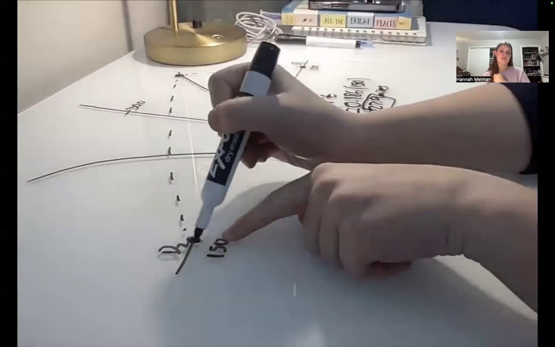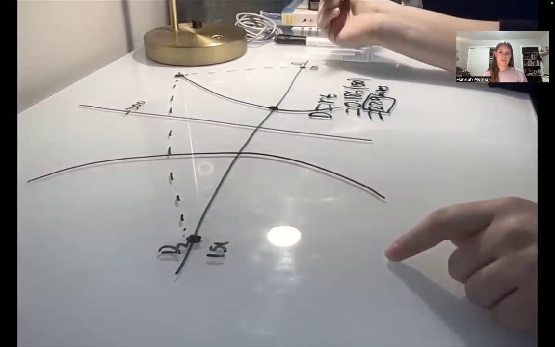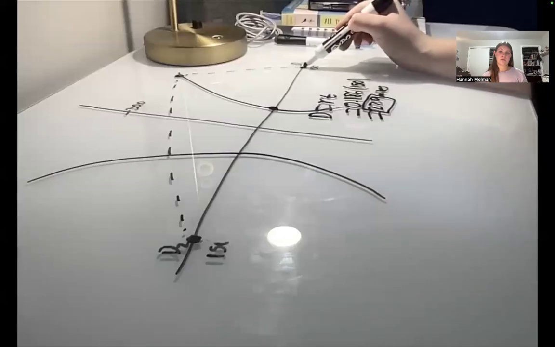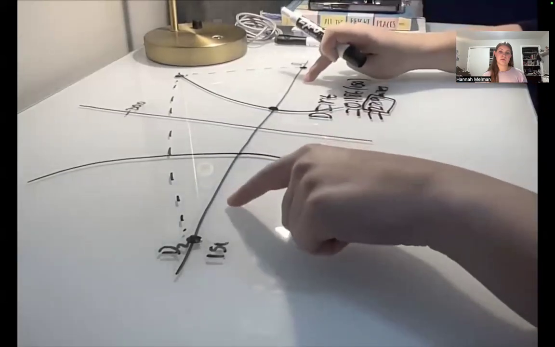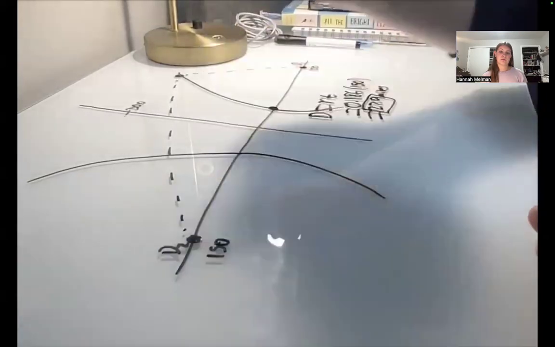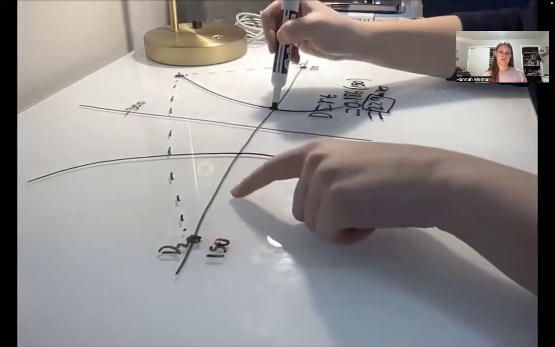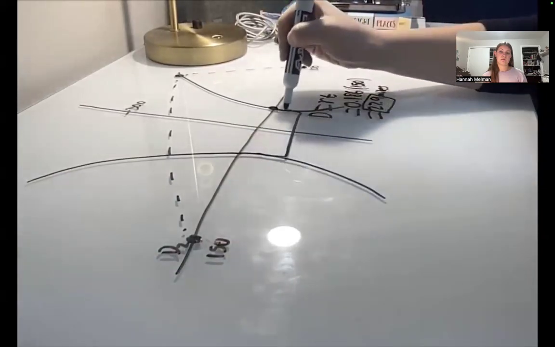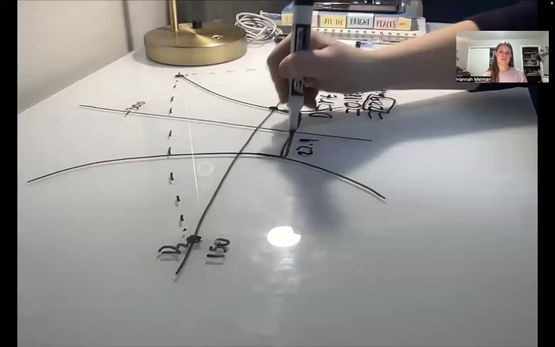But we know that this distance, D1, this focus to this point, and D2, this focus to this point, are the same in part, so we can subtract this main length from this one, and this will give us 27.9. This section right here is now 27.9.